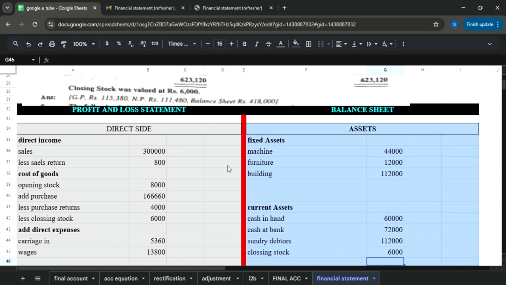We are now ready to start our calculation. First, we will see how much total income. 3 lakh was sale, but 800 worth of goods were returned. We will subtract, mentioned over here. This is your total income, 299. Now we will see cost of sale, which will have opening stock.